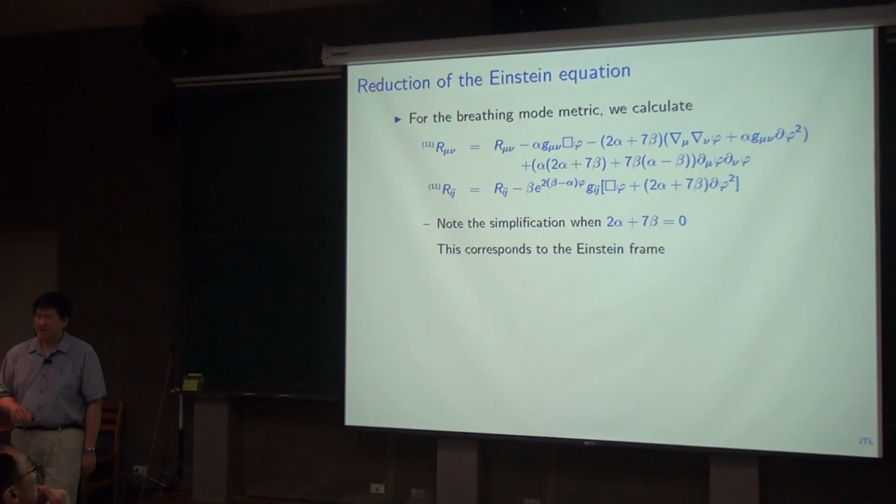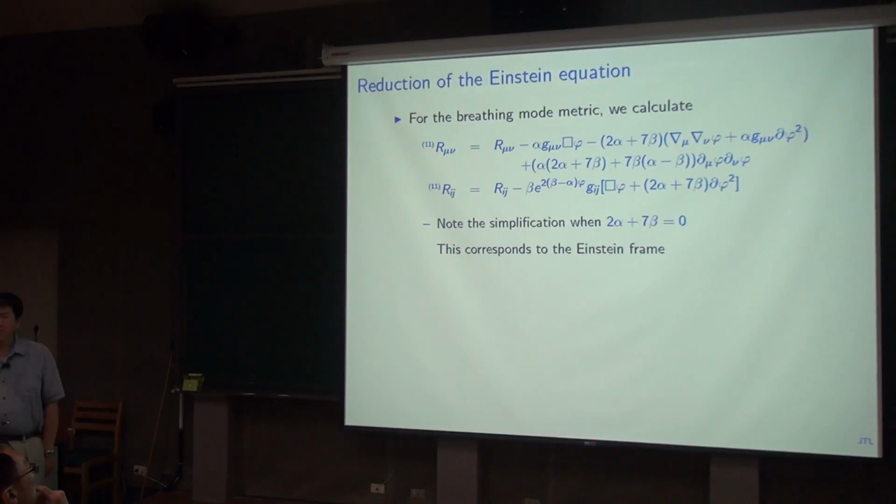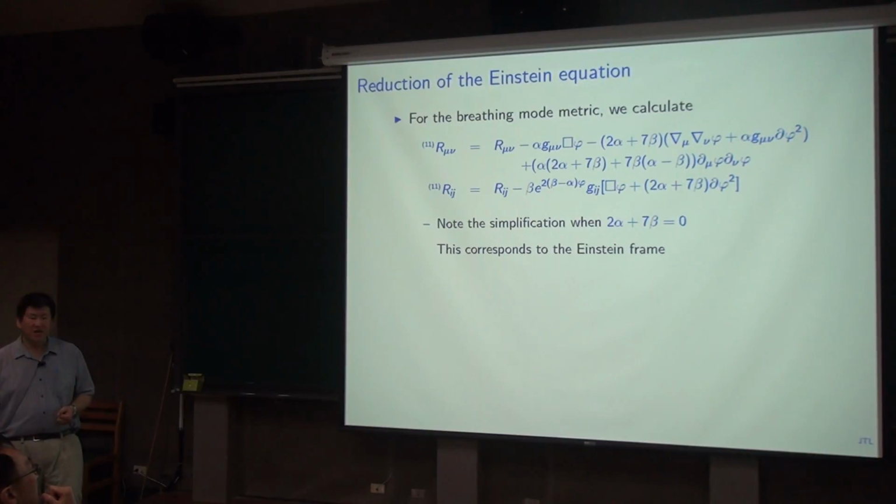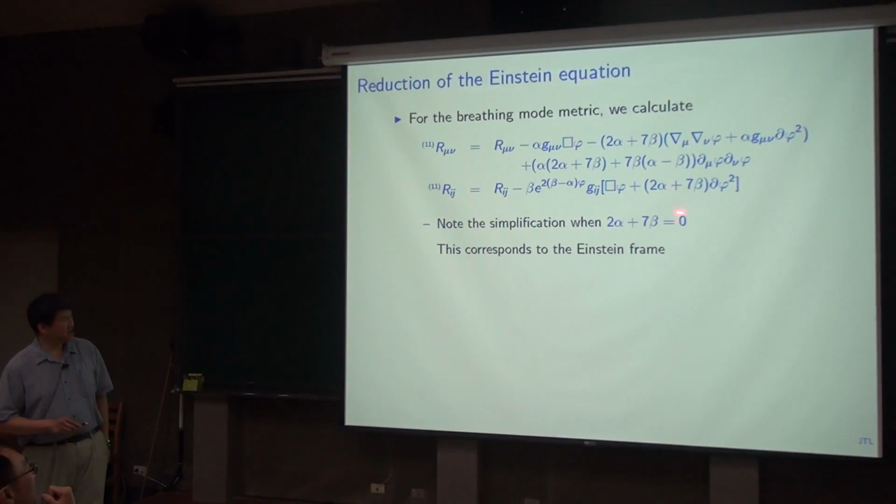So if I make a choice to set 2 alpha plus 7 beta equal to 0, then I can get rid of long terms over here. Because e to the 2 alpha phi in front of g mu nu is a Weyl scaling of g mu nu, I'm basically allowed to choose alpha as I please. So I'm allowed by convenience to choose this condition to be true.